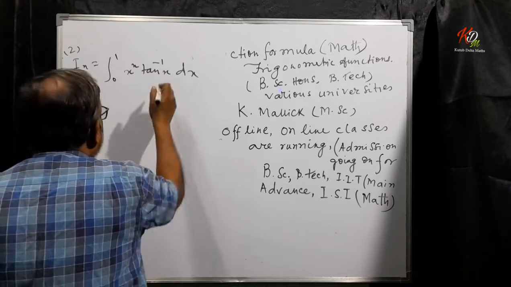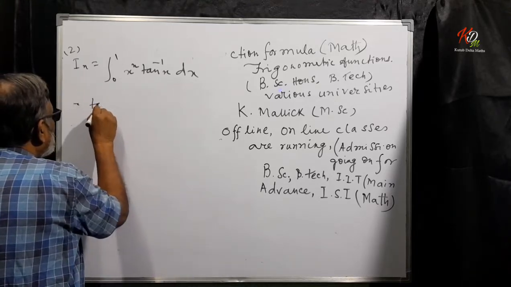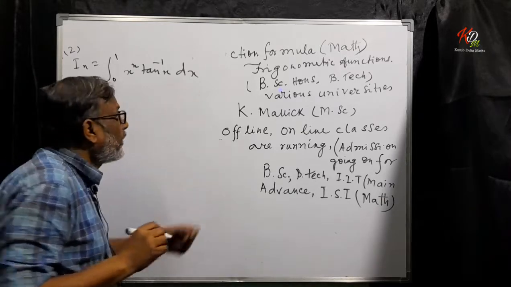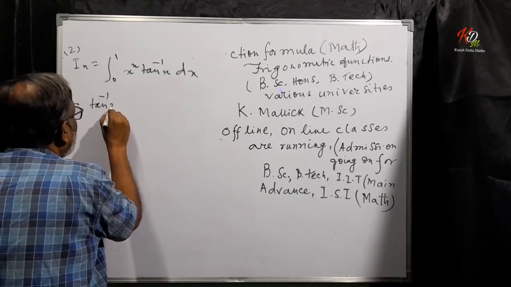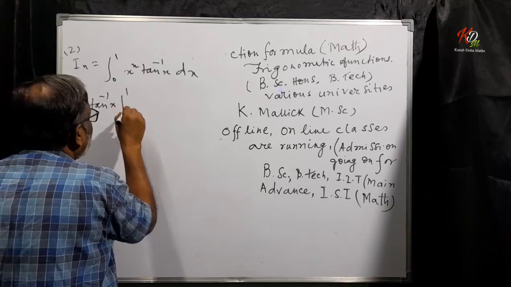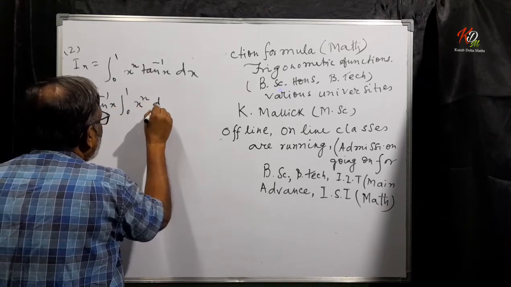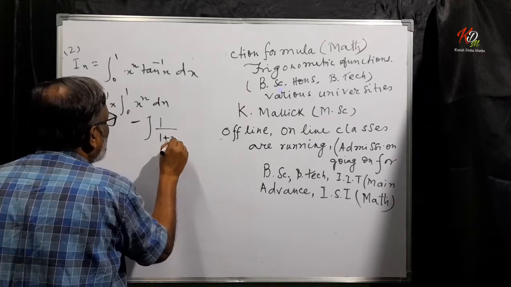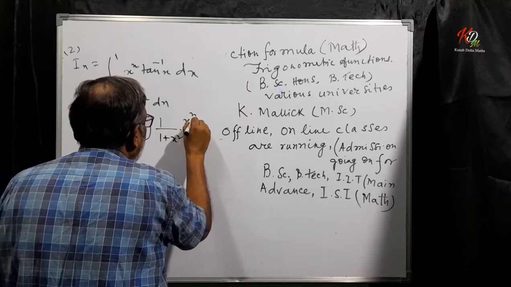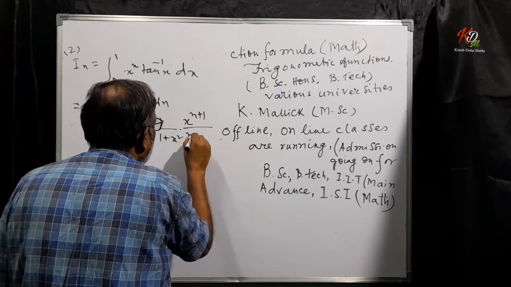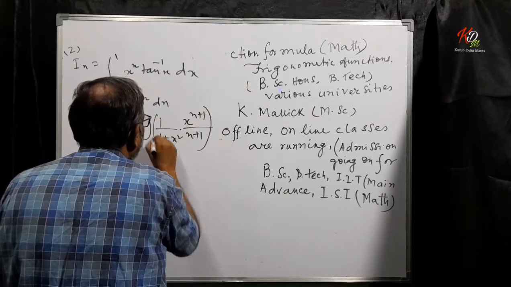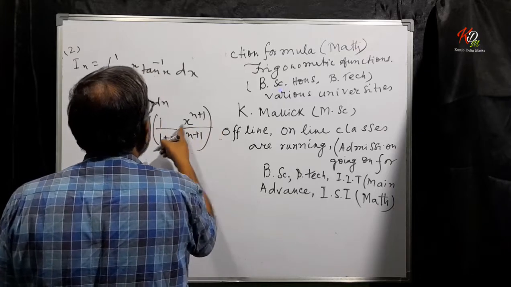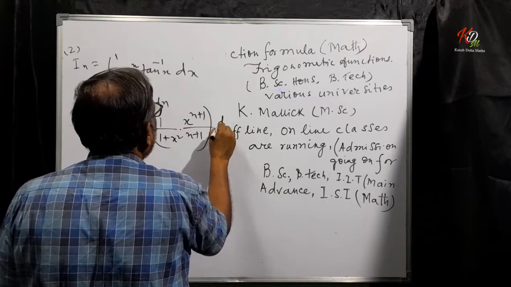Now integration by parts: tan inverse x is the first function and x to the power n is the second function. We have tan inverse x times x to the power n plus 1 by n plus 1, from 0 to 1, minus integral of 1 by 1 plus x square times x to the power n plus 1 by n plus 1 dx.